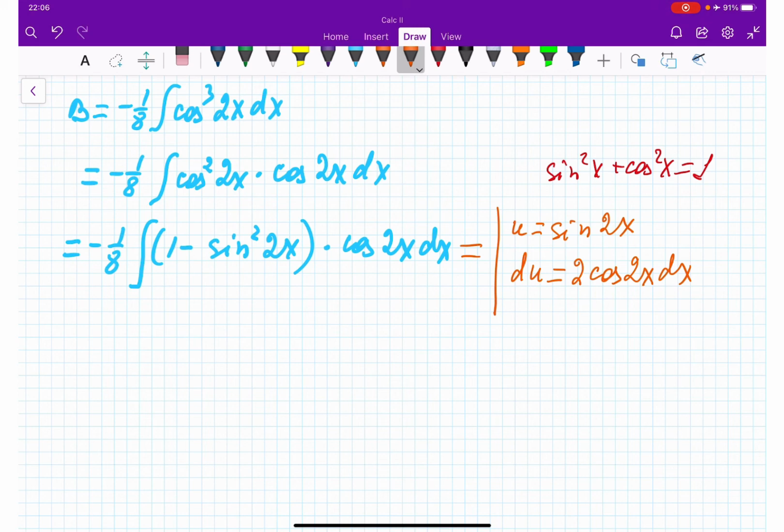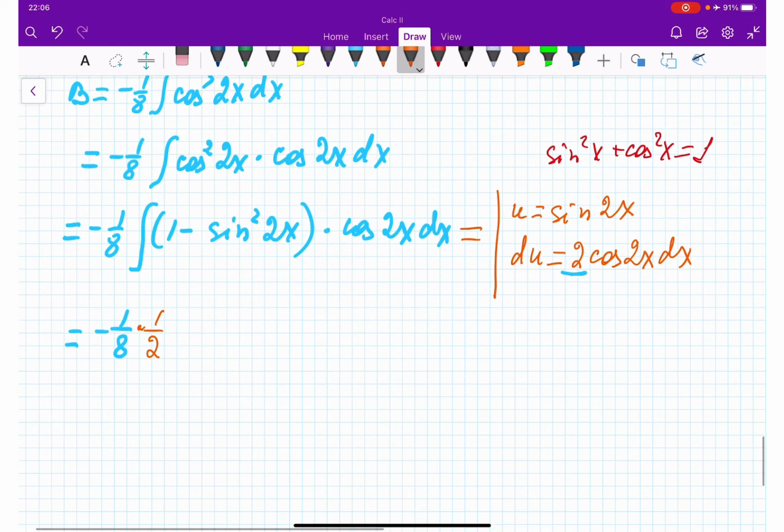When I'm taking 1/2, that comes out from under the integral, right? So negative 1 over 8, since we need the 2 here, I'm multiplying by 1/2 because I need to squeeze in the 2 there.